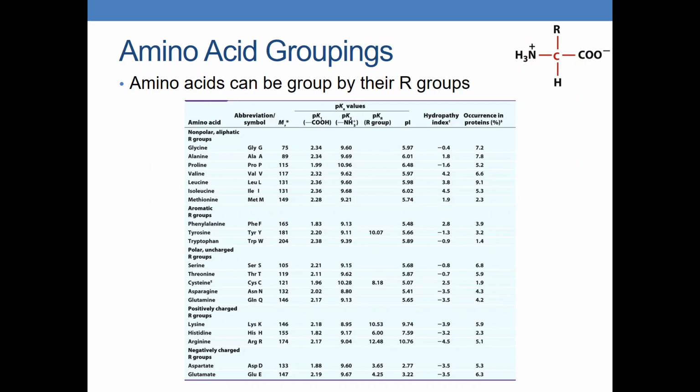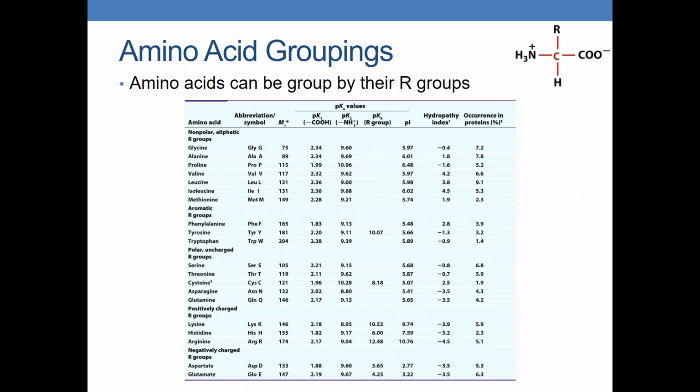Now, you'll find that amongst the R groups, there is a tremendous diversity. You'll find everything from nonpolar aliphatic R groups that are summarized in this first grouping. You'll find aromatic groups. You'll find polar uncharged, polar charged, whether they be positively charged or negatively charged.